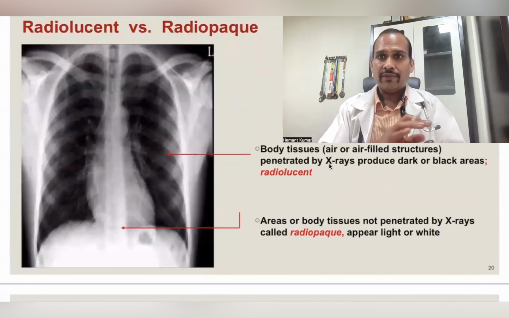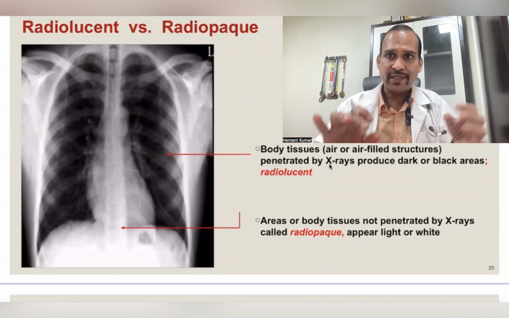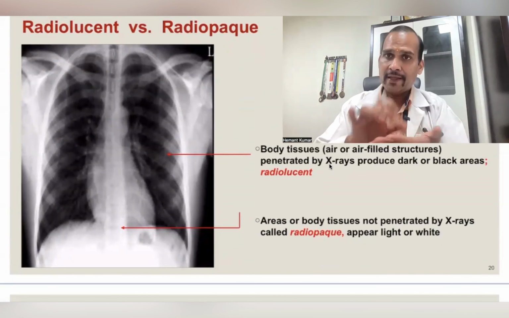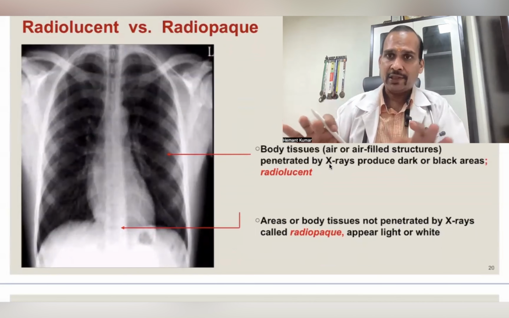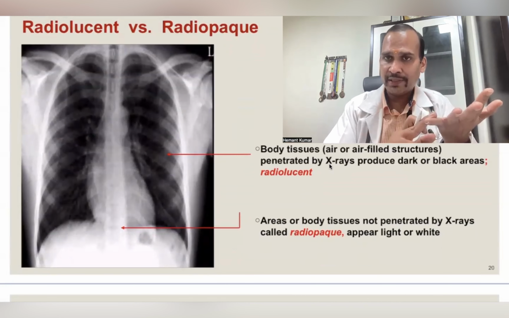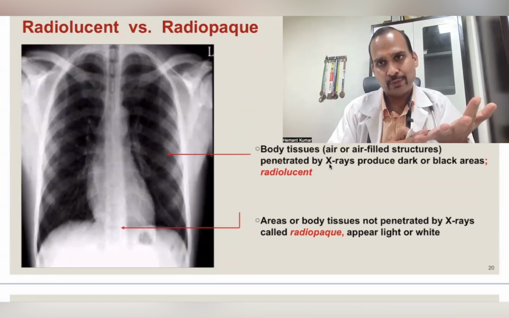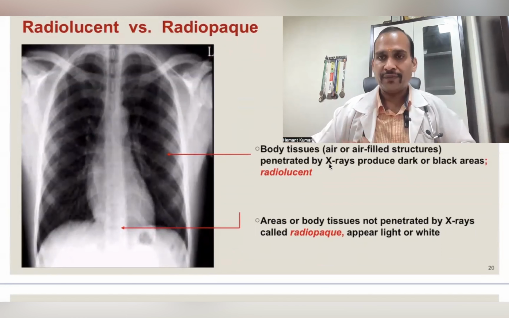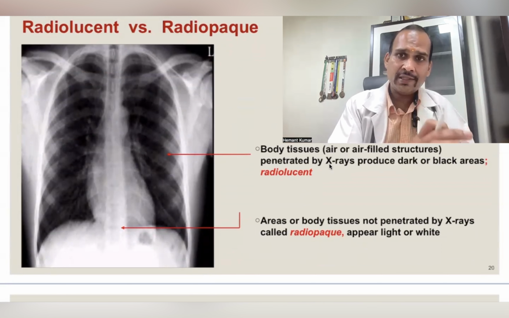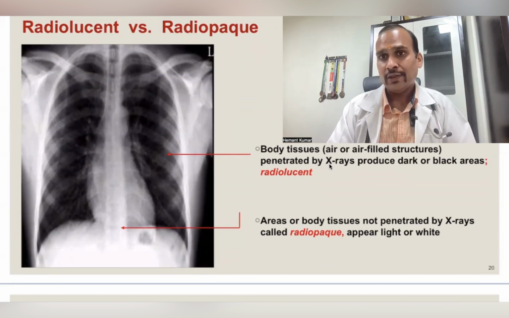Now we have checked all quality: the name of the patient, age of the patient, date of the x-ray, which is right and which is left, quality of the x-ray, rotation, inspiratory or expiratory, then penetration or exposure. Now we have to see which structure gives a black area and which gives a white area in the x-ray.